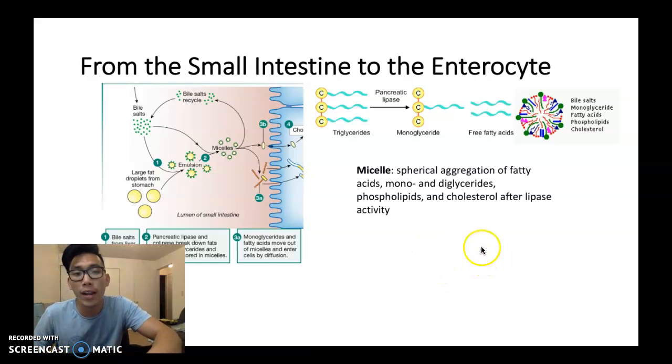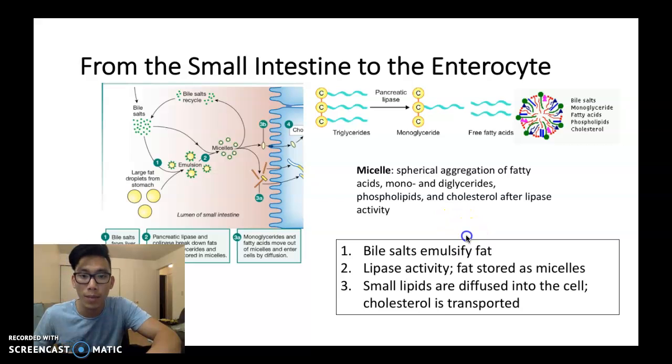Okay, and then from there, these individual fatty acids and monoglycerides from the micelles will enter the enterocyte through the apical side of the intestinal cell.